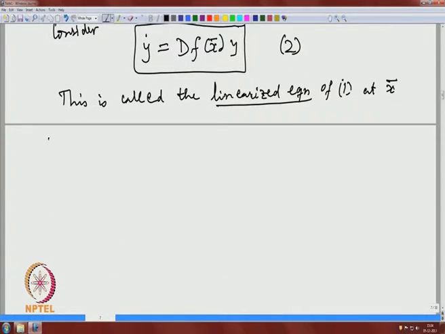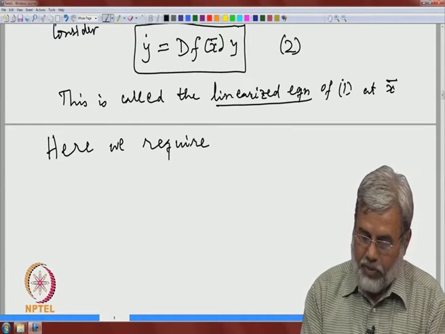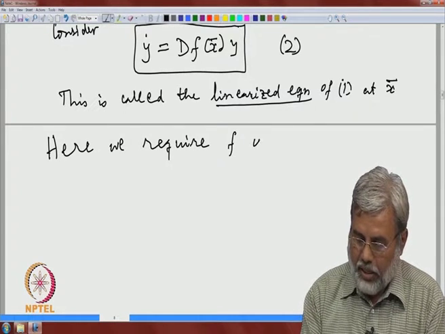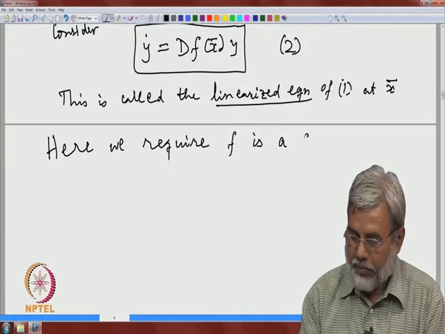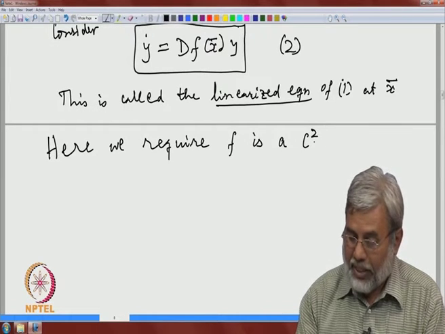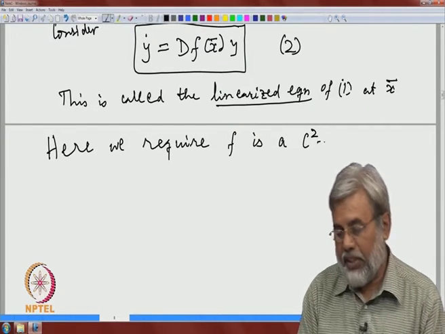So, here we require... this I was telling in the beginning, as we go along we put more hypothesis on f. So, f is a C2 function, C2 vector rather, f is C2.